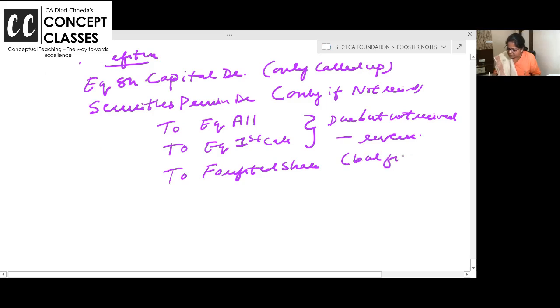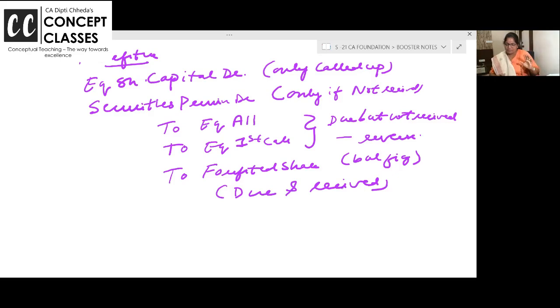In brackets write balancing figure also, and below write due and received. Whatever is received, forfeit. Whatever is due and not received, reverse. Securities premium debit only if it is not received, and this is logic. This is not rote learning. You understand? You can't debit the securities premium once it is received, it's gone, bye-bye. And equity share capital debit.